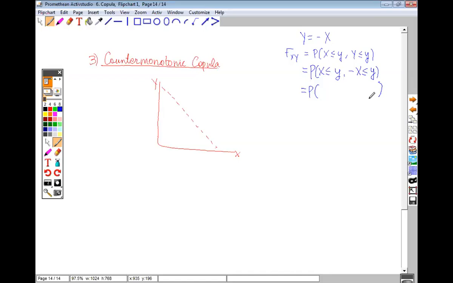I forgot to write here. The copula function that I care about is C of u comma v. So I want something in terms of u and v. And what is my u and what is my v? My u is f of x and my v is f of y. So maybe somehow I want to use what I have on the board to derive an equation in terms of f of x and f of y, such that I can replace them with u and v to get to the value that my copula should have.